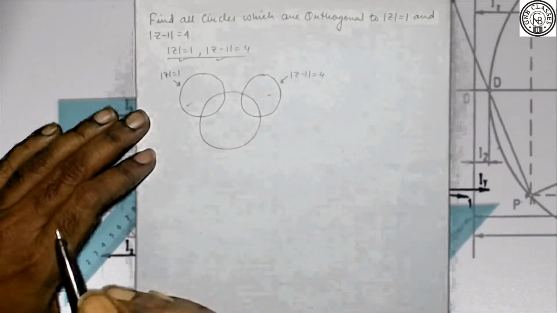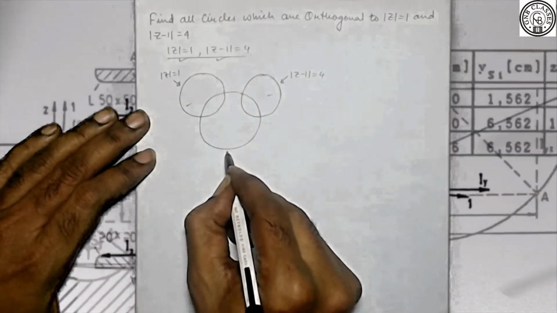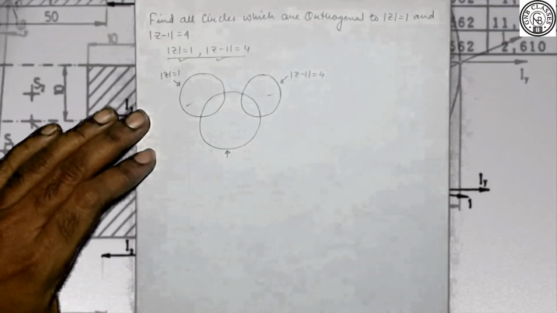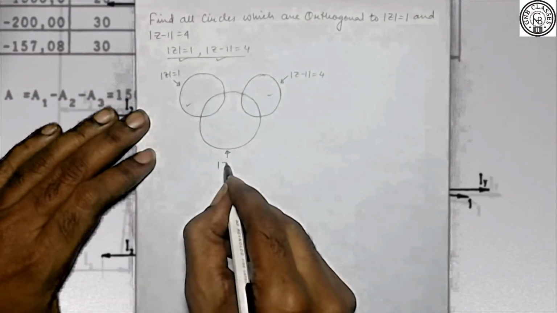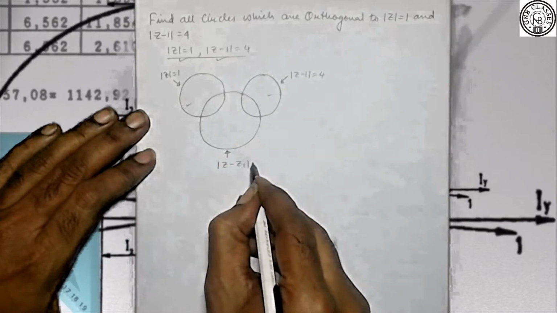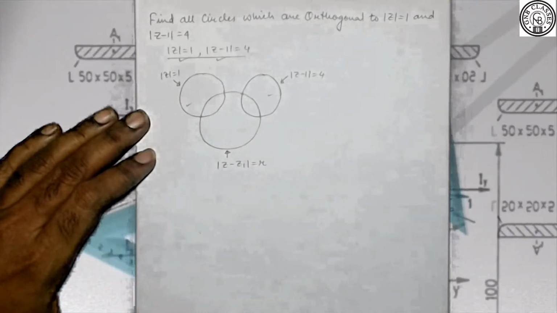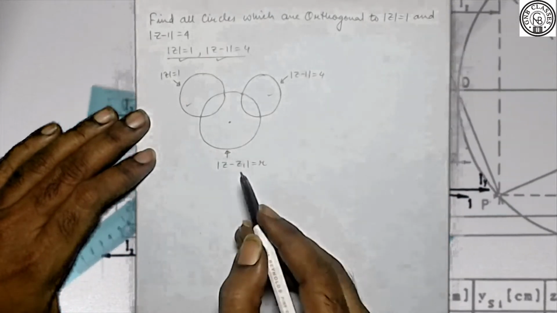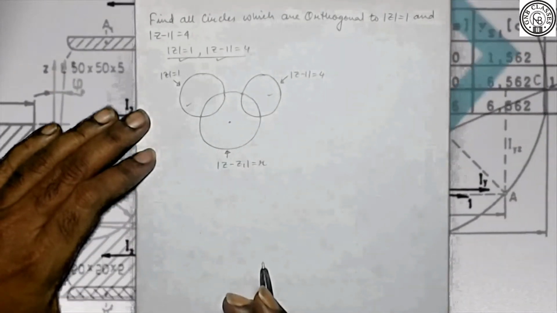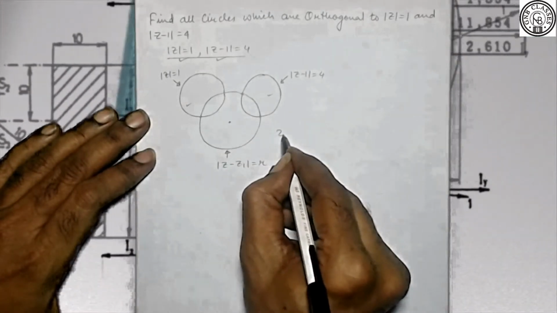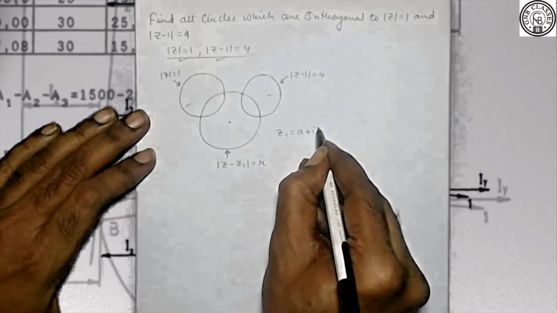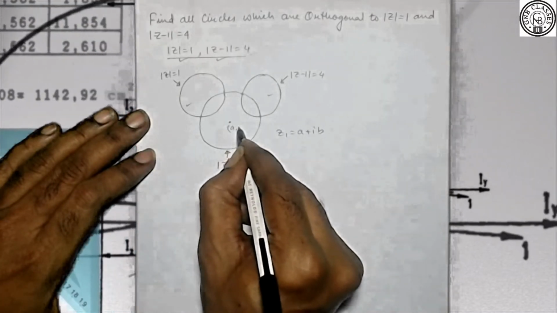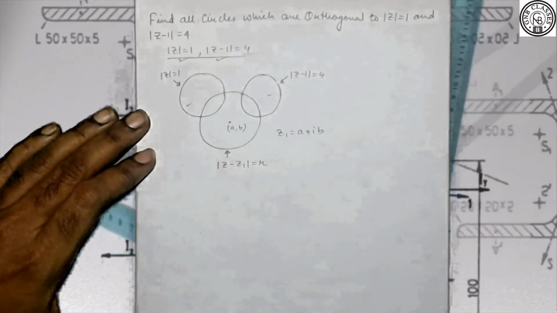Okay? Let me say the equation of this circle be mod of z minus z1 equals r, where z1 is the center of the circle and r is the radius of this circle. Let us say z1 is nothing but a plus iota b, that is, the coordinate of this point is a comma b, in other words.